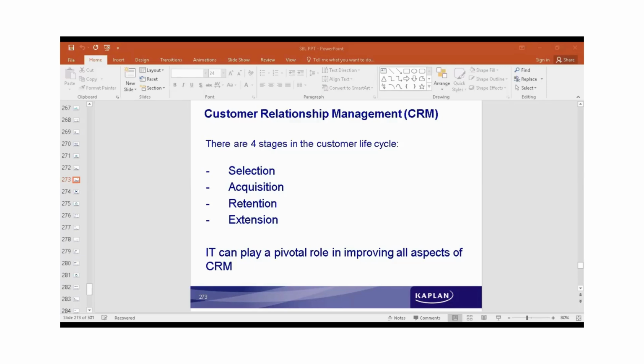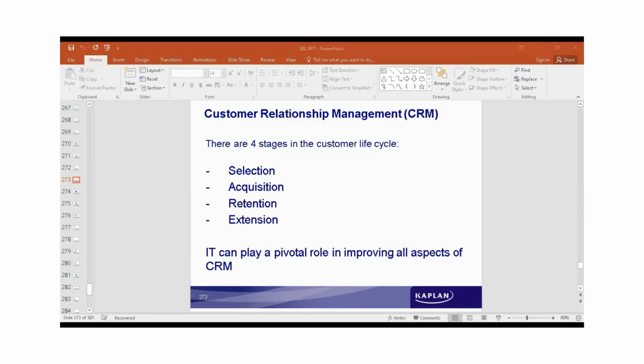So that is the realization in the present world. It is not about having the products sold to the customers. It is not just about selling the product, but to whom they are selling, and putting an effort to maintain a relationship with the customer. So that is about customer relationship management.